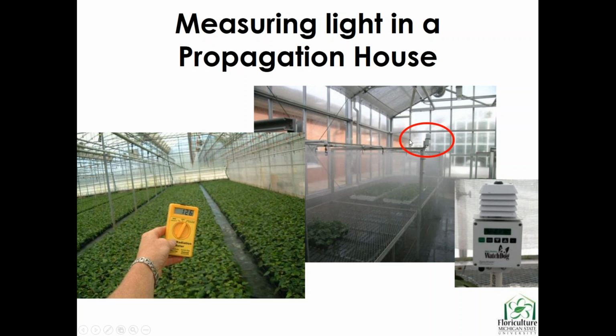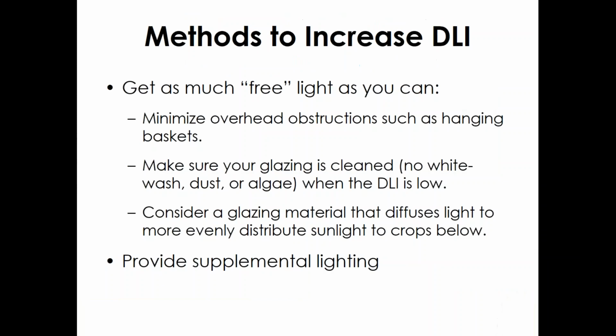There are also data loggers that have a light sensor that can be placed in propagation. But again, these are not calibrated for use under LEDs, so you'd have to use a quantum light sensor, which really we're not going to cover today, but we have articles on our MSU website that you can read about quantum light sensors.